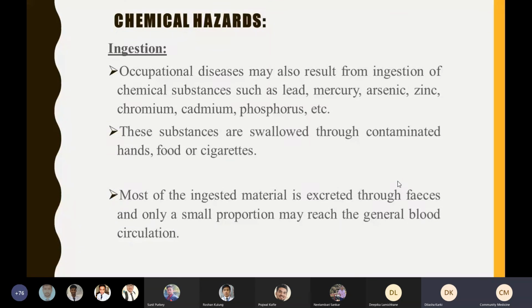These substances are swallowed through contaminated hands, food, or cigarettes. Most of the ingested material is excreted through feces, and only a small portion may reach the general blood circulation. And when it reaches the circulation, it will lead to different types of health hazards.